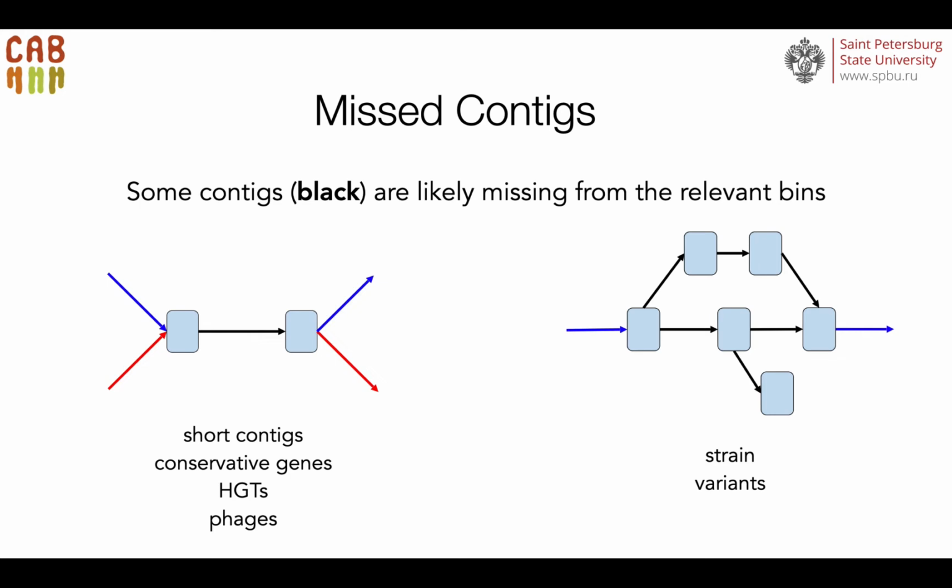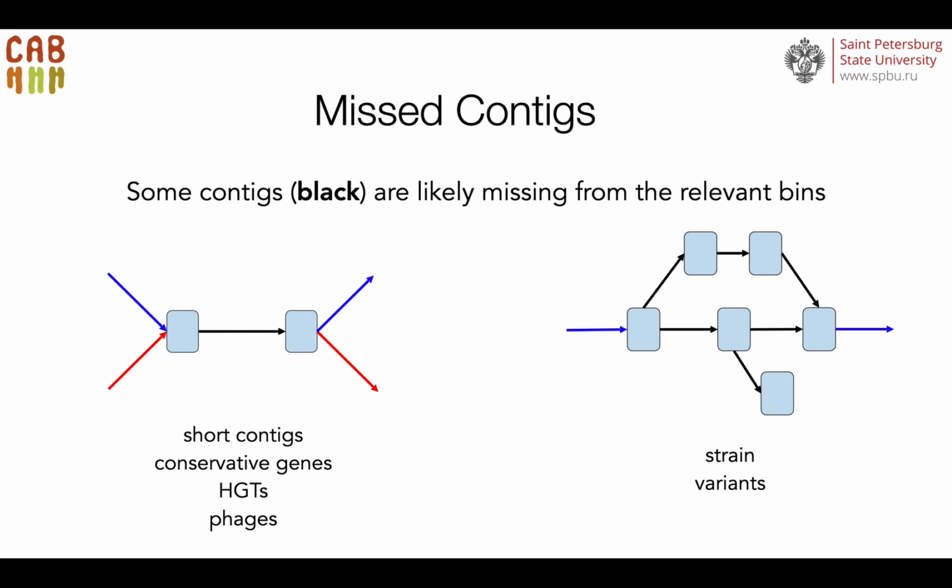The conserved genes, or genes that undergo horizontal gene transfer or something similar, often belong to multiple species. So they represent the so-called interspecies repeats in the assembly graphs, and if these repeats are unresolved, then they are likely missed from all relevant bins.